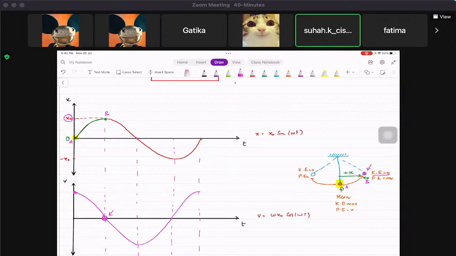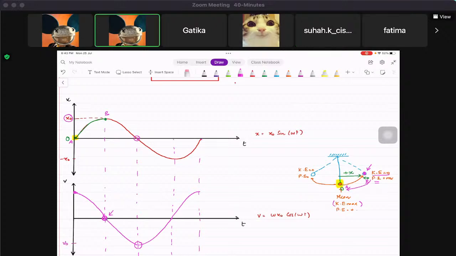Now, when it comes back, you see it loses potential energy and kinetic energy is maximum. So when it comes back to this position, where displacement was zero, the velocity is maximum. So that's V naught. Is it clear? It is, sir.